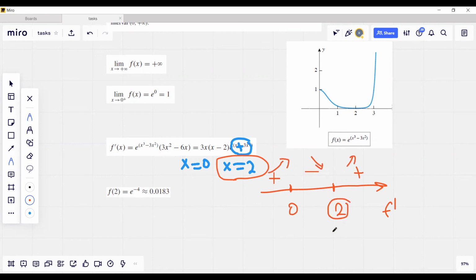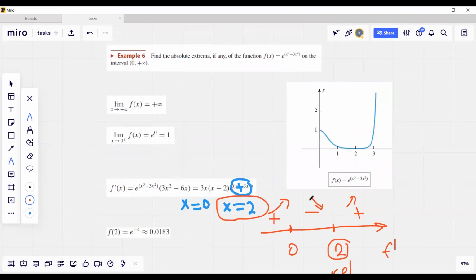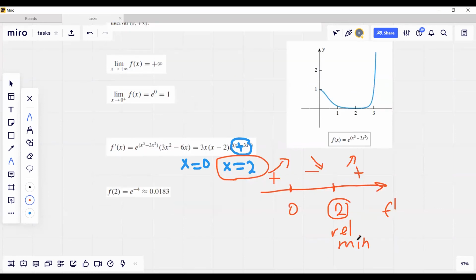So at point 2, we have a relative minimum. So x is equal to 2, which is a relative minimum, is the only relative extremum of this function on that open interval, meaning that this relative minimum is going to be the absolute minimum of our function. And the value of the function at point 2 is equal to e to the power of -4.